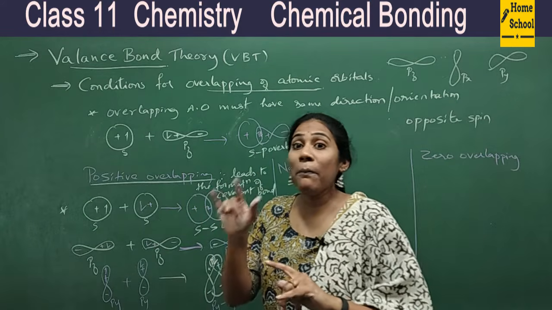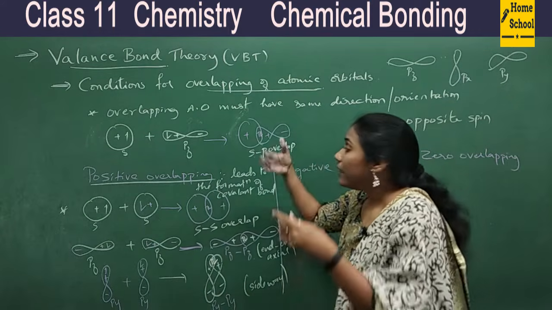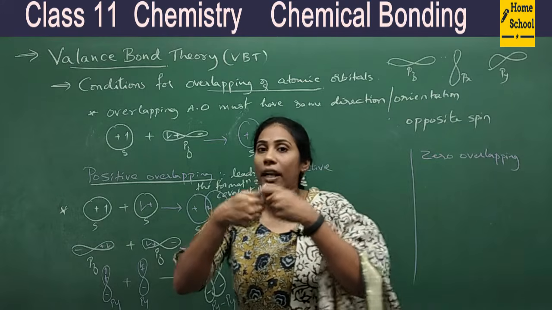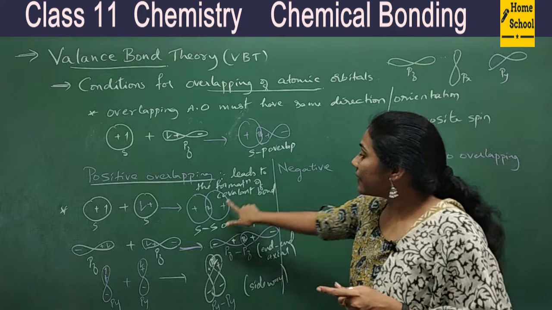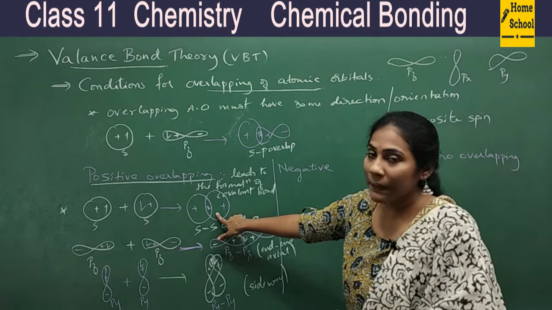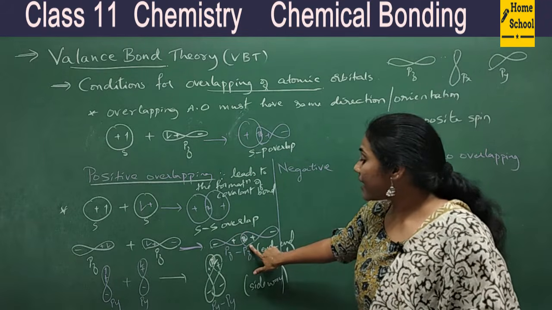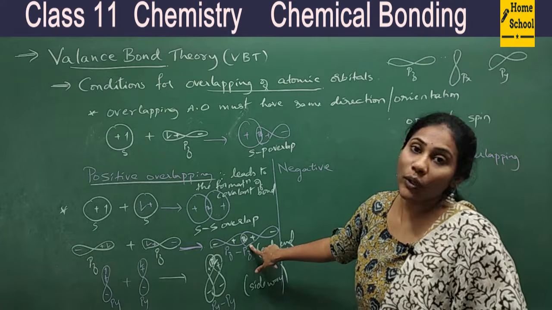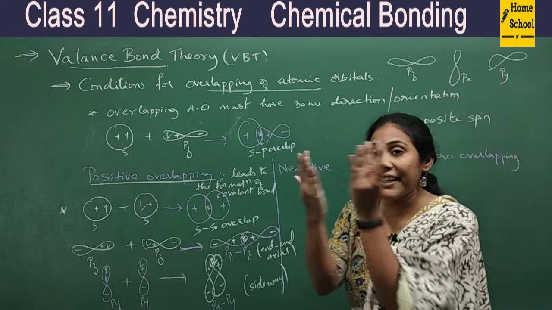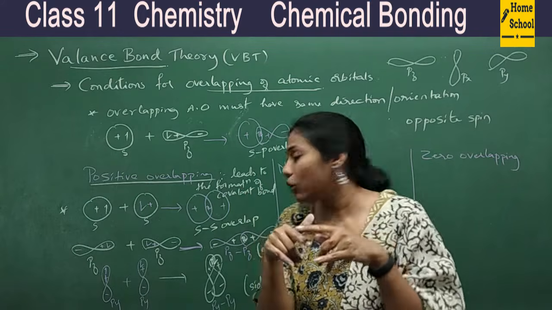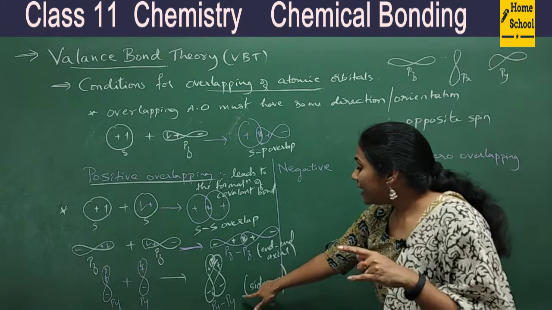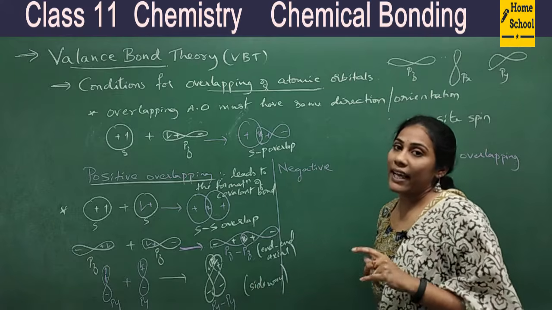Sigma bond is always formed by end-to-end overlapping. This is an example for axial or end-to-end overlapping. This is also an example for axial or end-to-end. But this is called sideway overlapping. Sideway overlapping is always very, very weak. That leads to the formation of a pi bond actually.